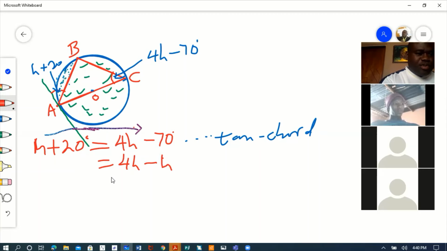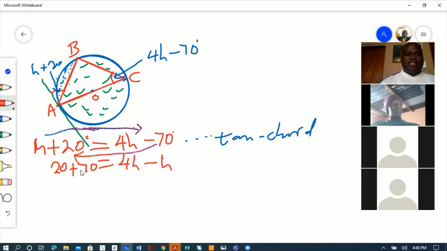Then I am going to transpose the negative 70. The negative 70 will also come this side. Will it be positive or negative? Positive. Then we have to remember that it is coming to meet this 20. So it will be 20 plus 70.